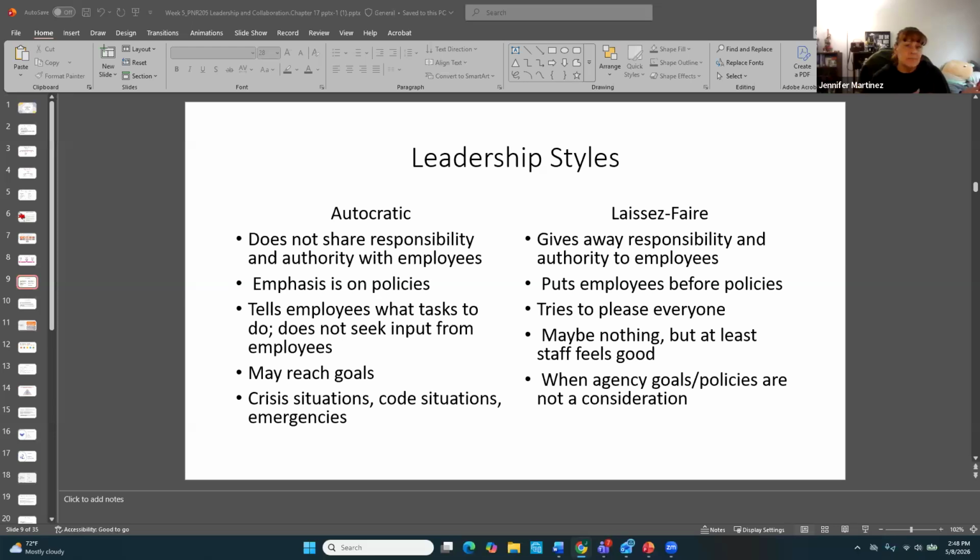Now, in some cases, a laissez-faire type of leadership style may be effective, right? When goals and policies are not a consideration, which is rare, because usually goals and policies are always in consideration.